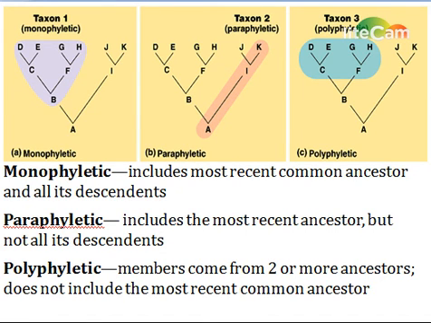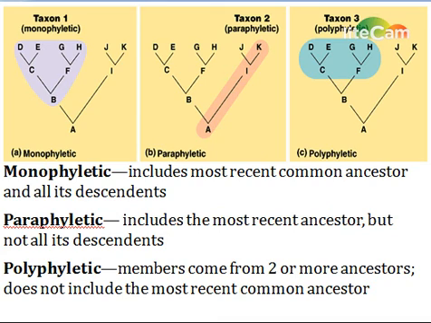Another way that we define different types of these trees is to look at them as monophyletic, paraphyletic, or polyphyletic. So the first one, a monophyletic taxon, and remember a taxon is any group of organisms given a formal taxonomic name. A monophyletic taxon is defined as one that includes the most recent common ancestor of a group of organisms and all of its descendants.